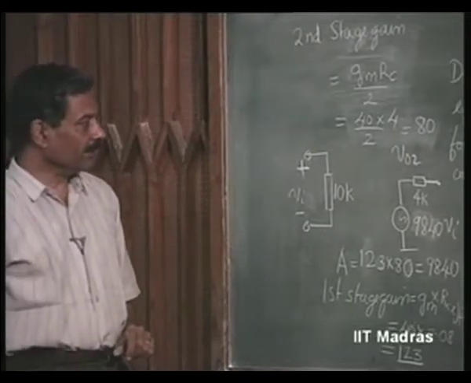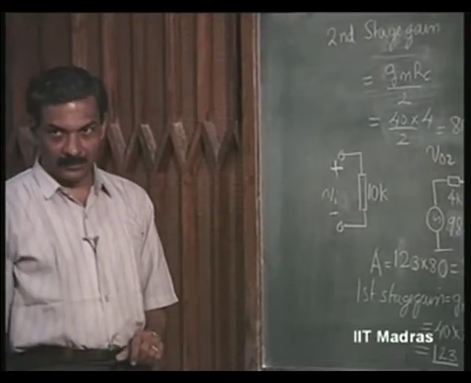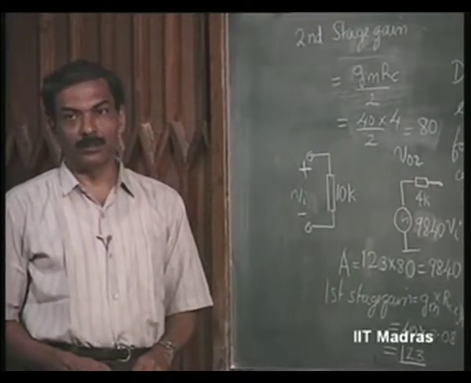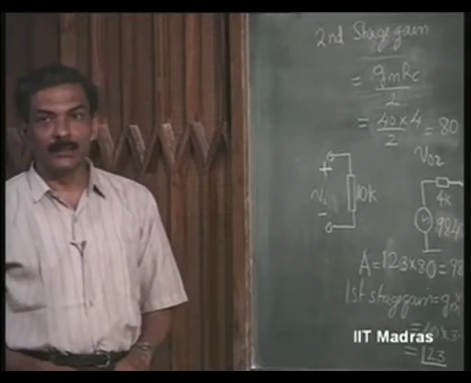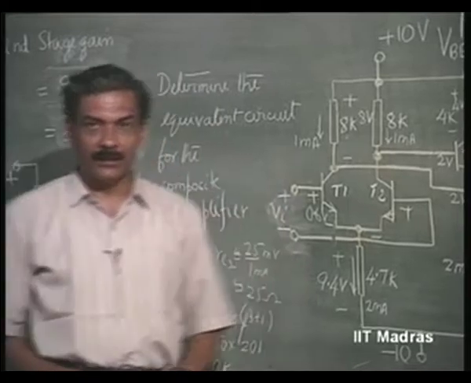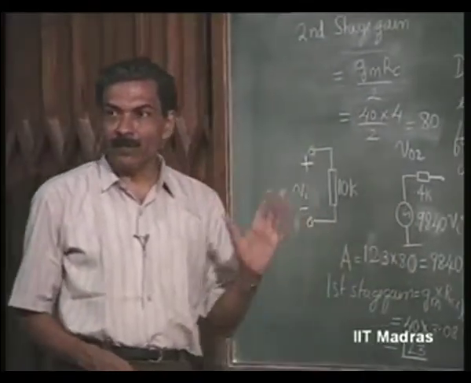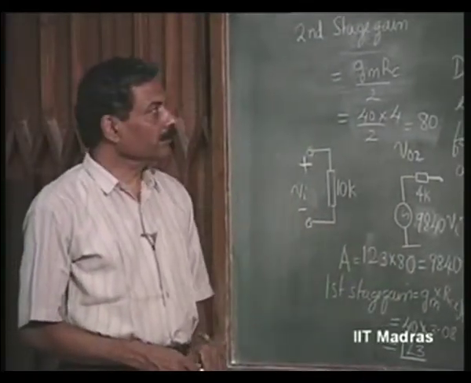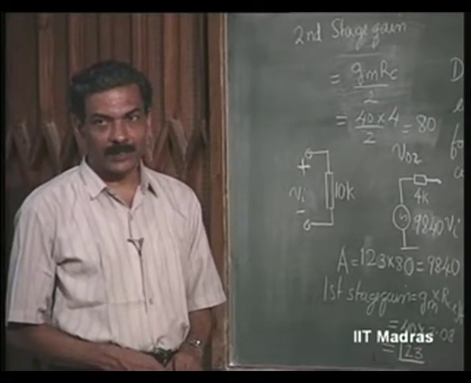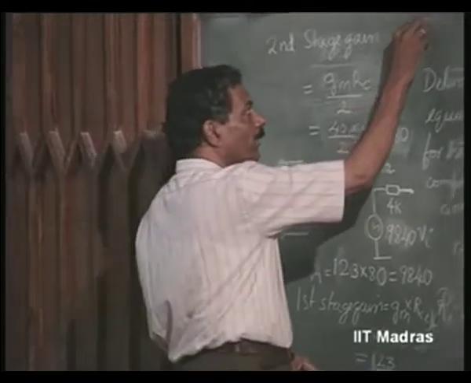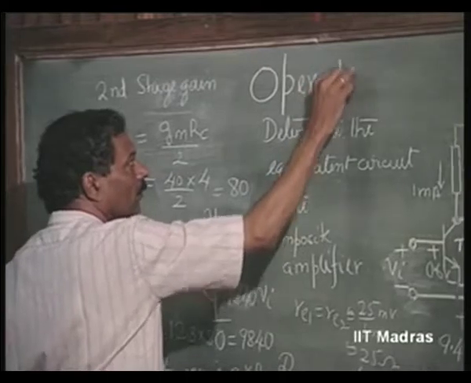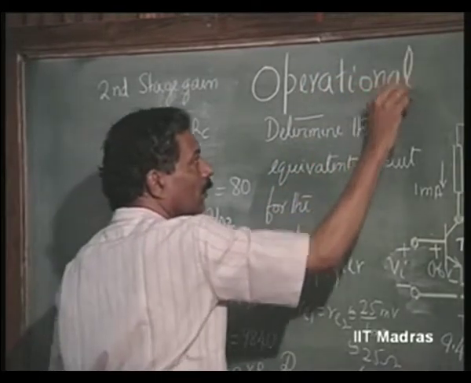Such a cascaded structure, with very high forward transfer gain is called an operational amplifier. Such a cascaded structure with very high forward transfer parameter is called by a special name, operational amplifier.